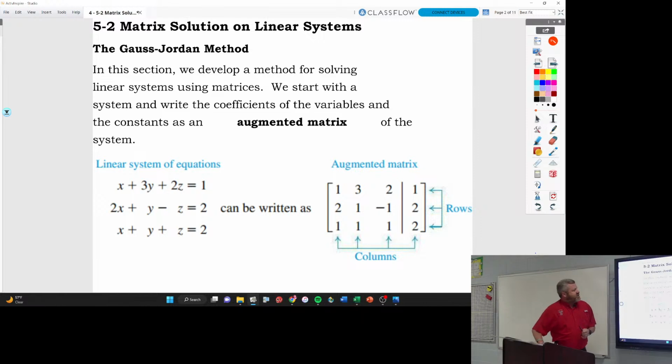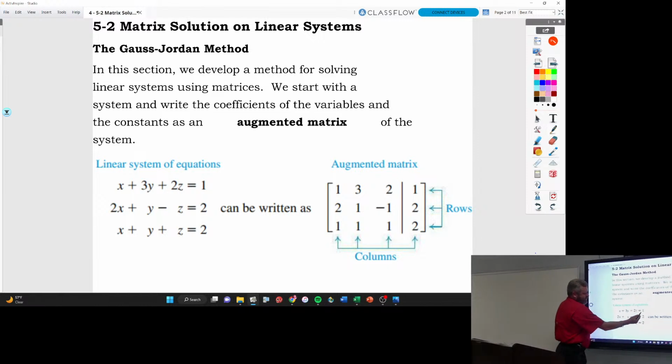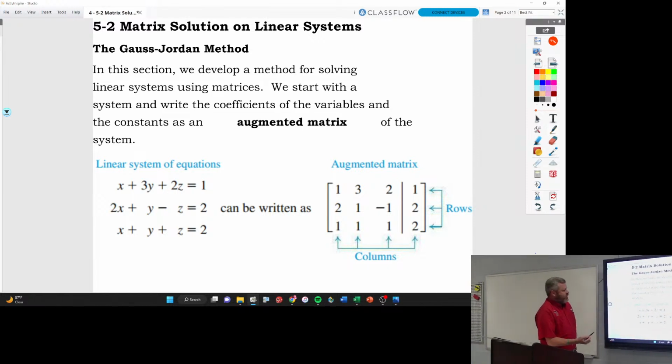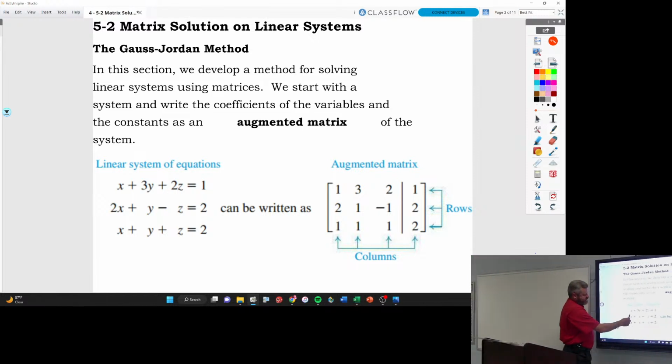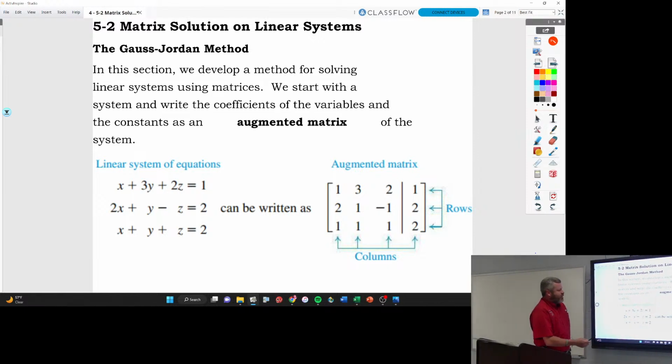We start with a system and write the coefficients, the variables, and the constants as an augmented matrix of the system. So the system here, we have 3 linear equations with 3 variables, and if you'll notice, the x's are together, the y's are together, the z's are together, and the constants are together on the other side of the equal sign there.